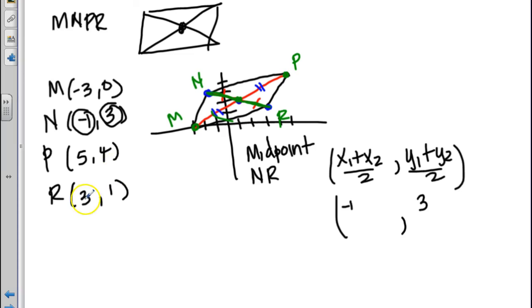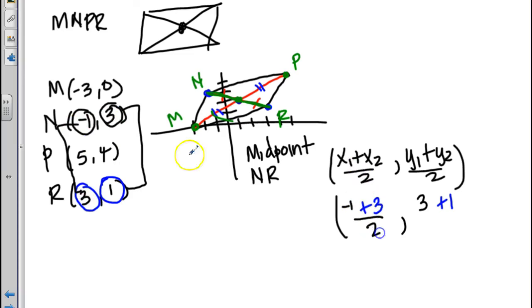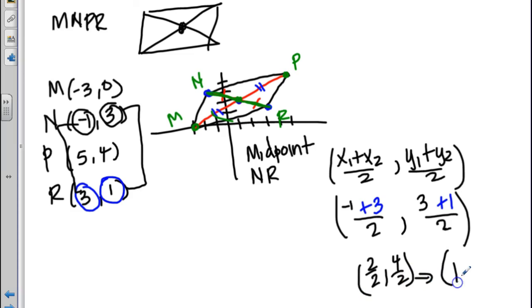Now we're moving to R. So here's my x coordinate, so plus 3, and here's my y coordinate, so plus 1. I add my x coordinates together, add my y coordinates together. So negative 1 plus 3, then I'm going to divide that by 2. 3 plus 1, which is 4, I'm going to divide that by 2. So negative 1 plus 3 is 2 divided by 2, and then 4 divided by 2. So I get 1, 2 for the midpoint.